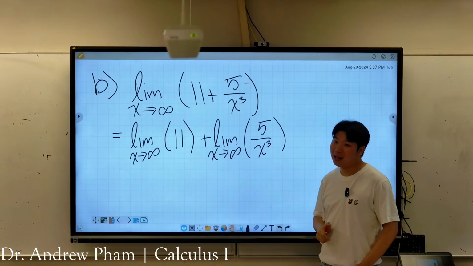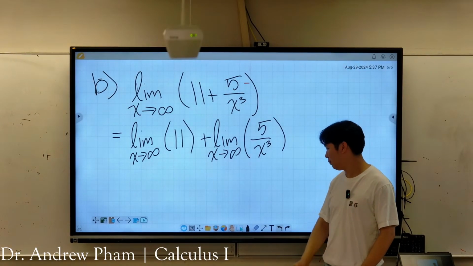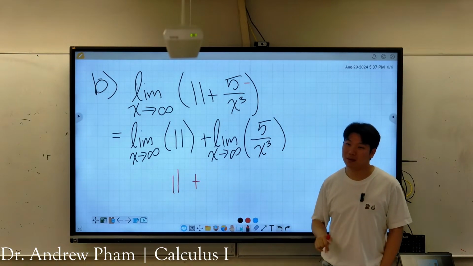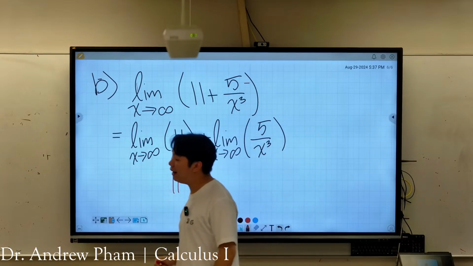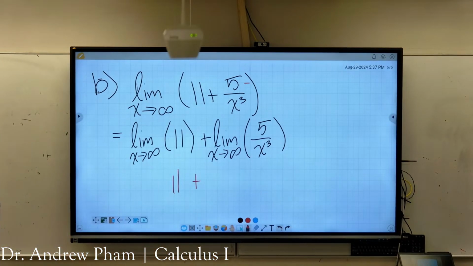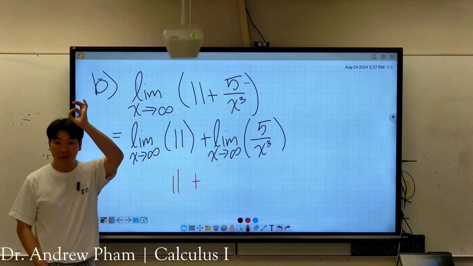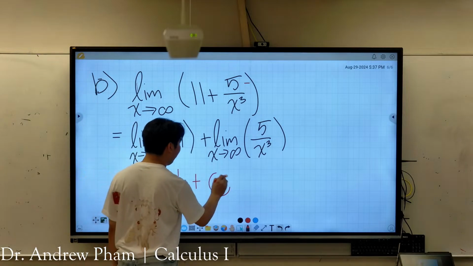What's the limit of 11? Cool, 11. What's the limit of this one on the right? 0. Why? It's a negative power. We said if we take the limit of a negative power, then it's 0. What's 11 plus 0?